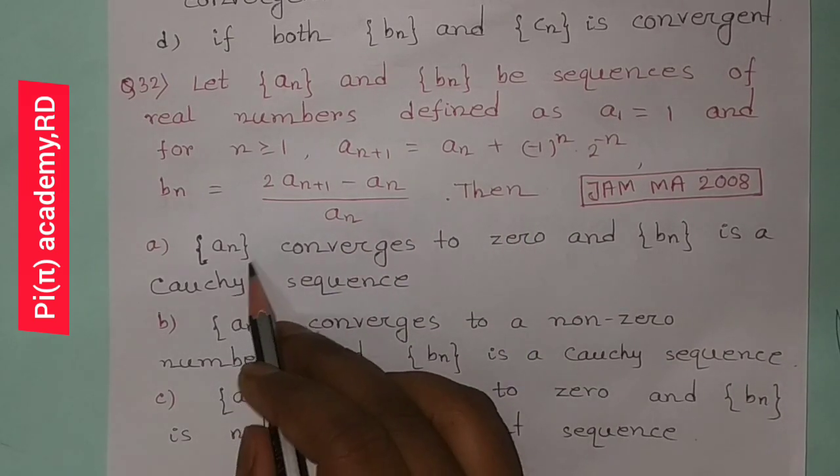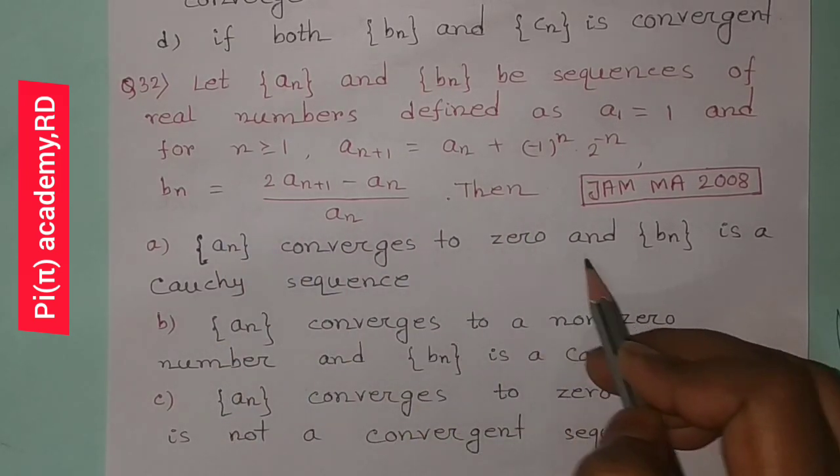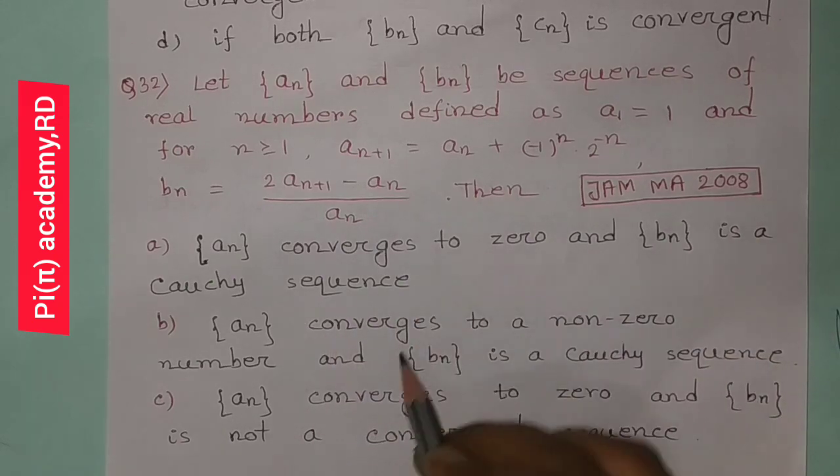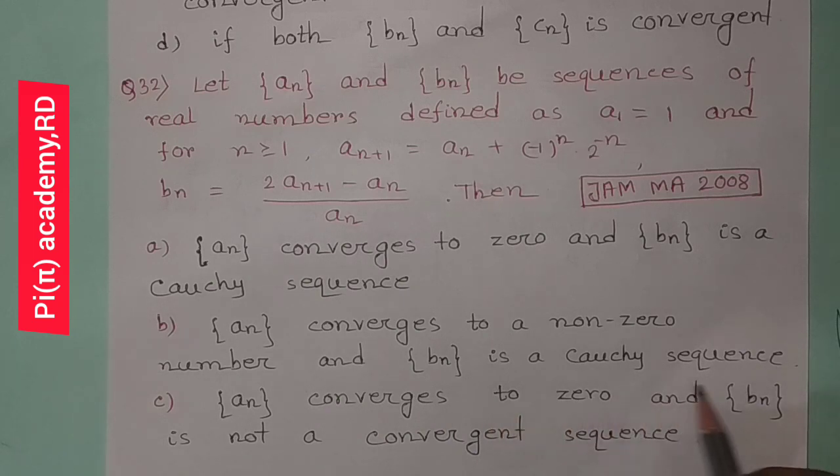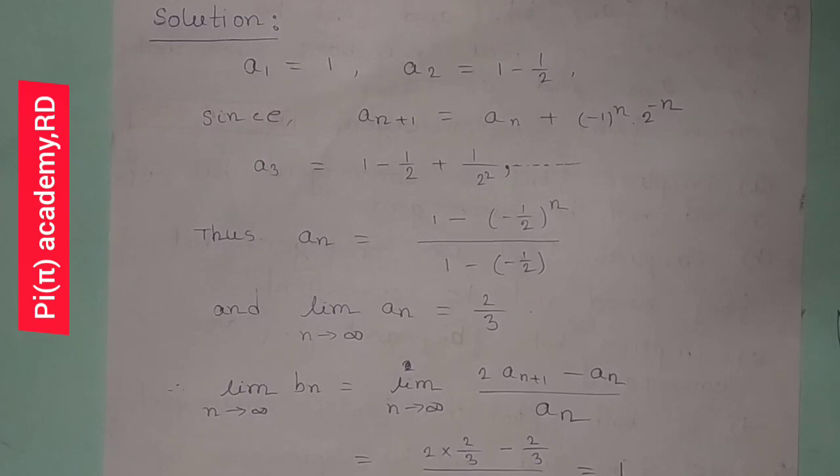Then: sequence a_n converges to 0 and b_n is a Cauchy sequence; sequence a_n converges to a non-zero number and b_n is a Cauchy sequence; sequence a_n converges to 0 and sequence b_n is not a convergent sequence. JAM MSc 2008.